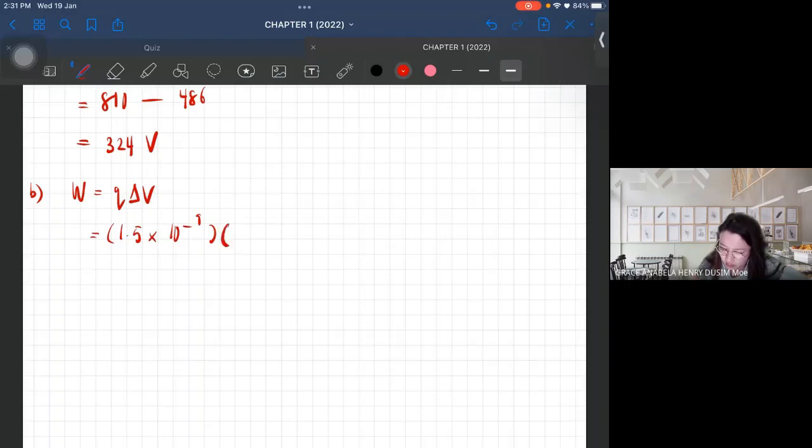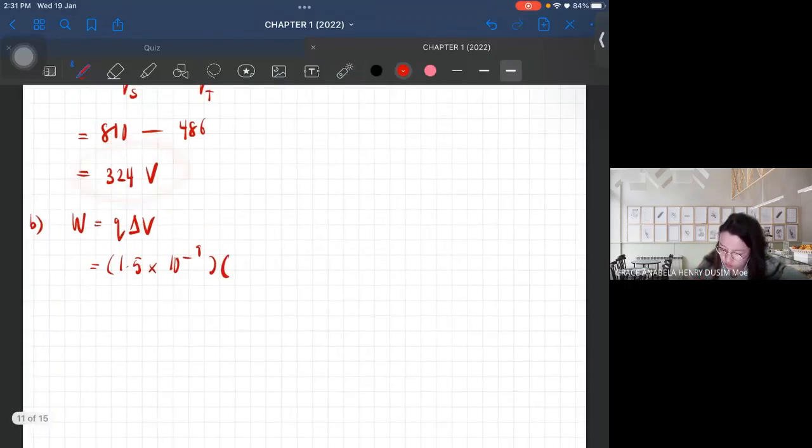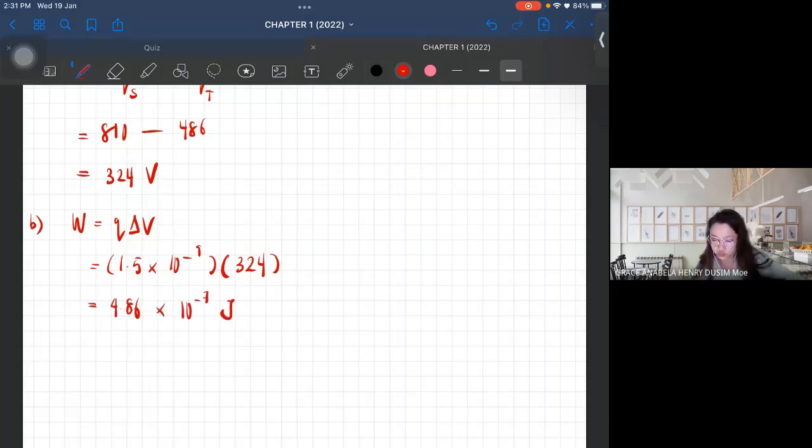Delta V is the one up here, which is equal to 324. Calculate that. You should get 4.86 times 10 to the negative 7 joule.